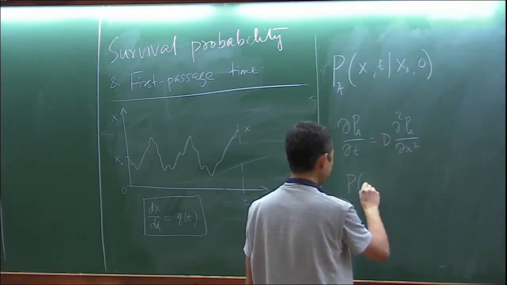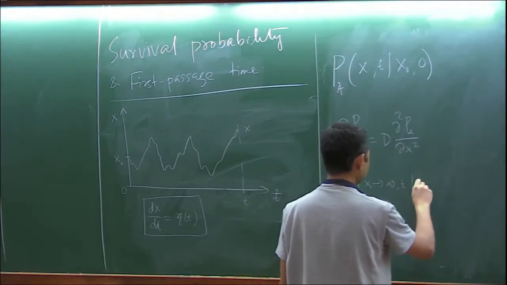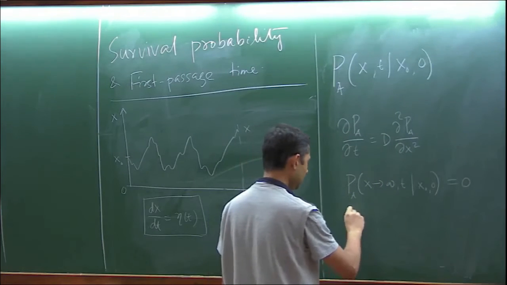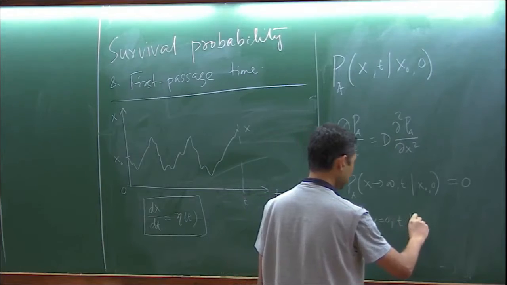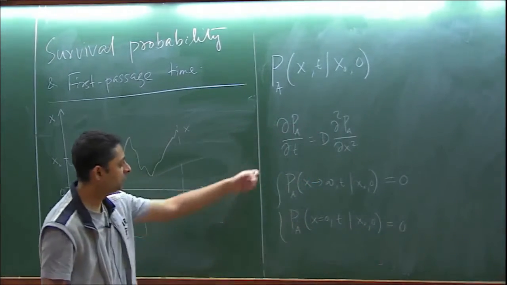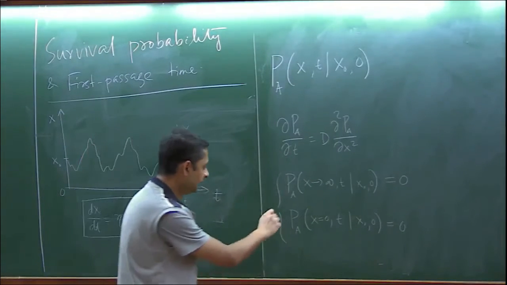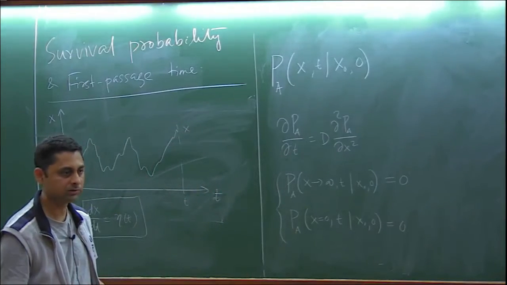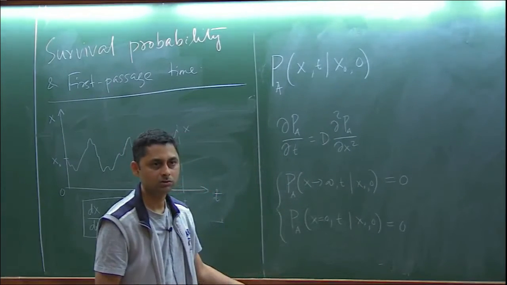right? So therefore I have two boundary conditions now. P of x going to infinity should be equal to 0, and P at x equal to 0 at any time should be equal to 0. So I have to now solve this equation with these boundary conditions. So how are you going to solve this? You know how to solve this with different boundary conditions, right? So what will you do?